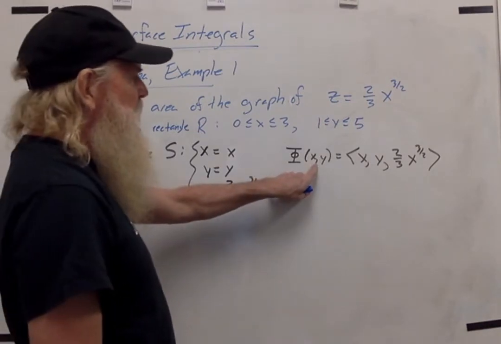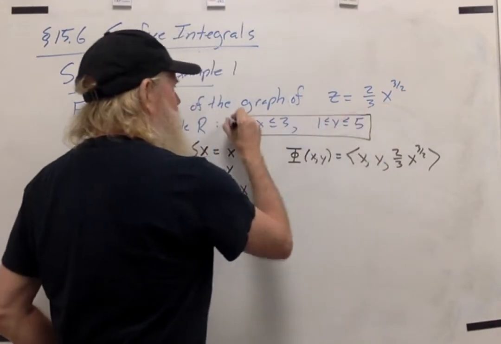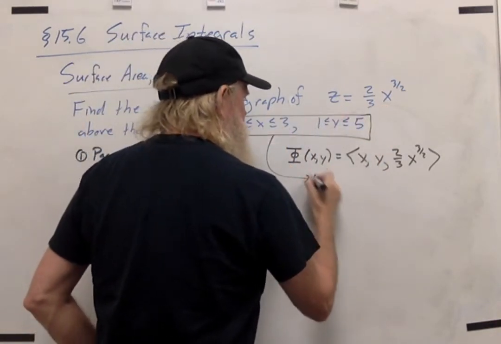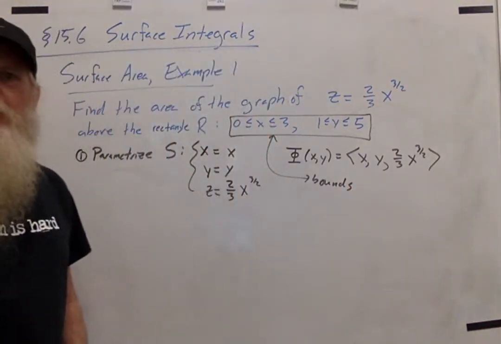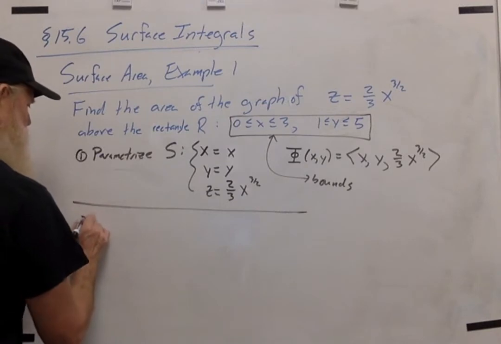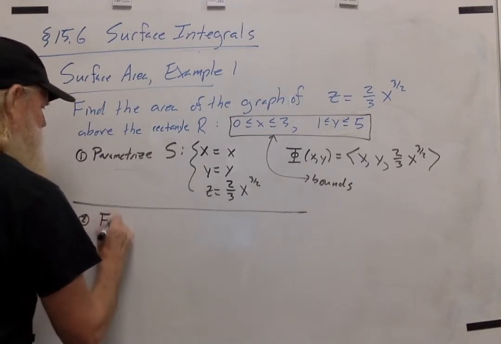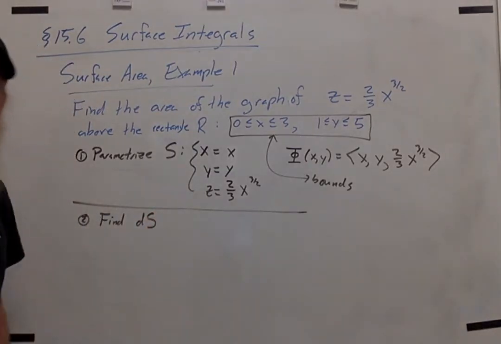The reason I like using x and y is because here are the bounds that we'll end up using when we set up our integral. So that's step one. Step two is to find a formula for the surface area element, big dS.